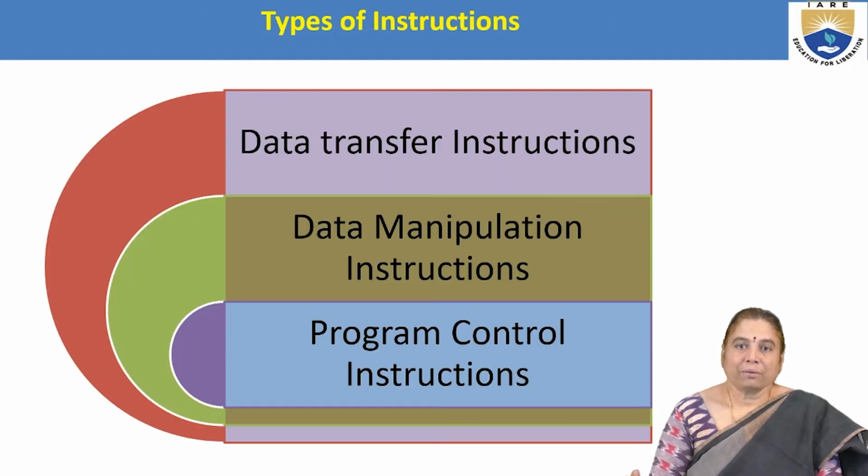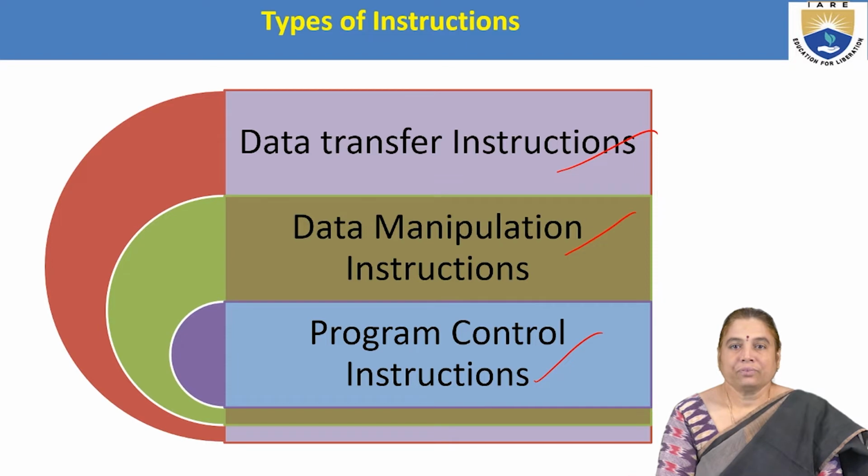Now we will discuss the types of instructions that are available in the assembly language program. There are three types of instructions. One is data transfer instruction, second is data manipulation instruction, third is program control instruction.